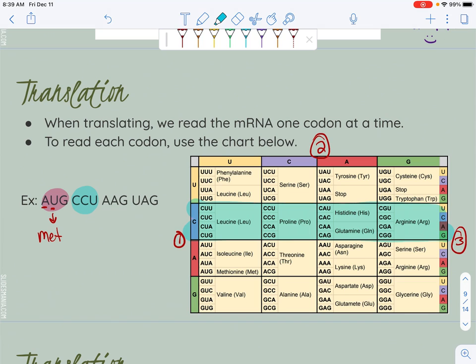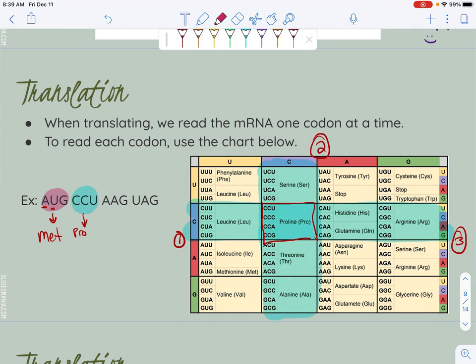My second letter is also C, so I will be in the column labeled C. I could see I have this box that I have identified here, which is where my row and my column meet. Everything in this box, all 4 of these codons, including CCU, codes for proline. So I'm going to write pro below my codon.